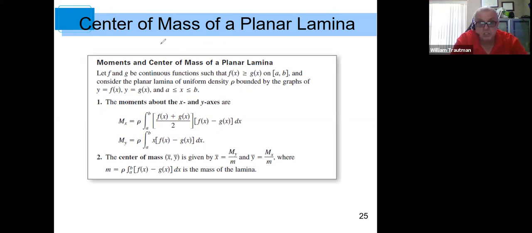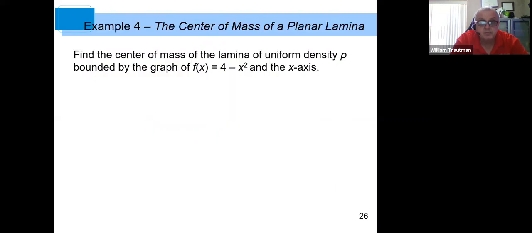All right, let's take a look at an example. Find the center of mass of a lamina of uniform density bounded by the graph. So let's just take a look at this graph really quick. It's a parabola that goes up to 4.